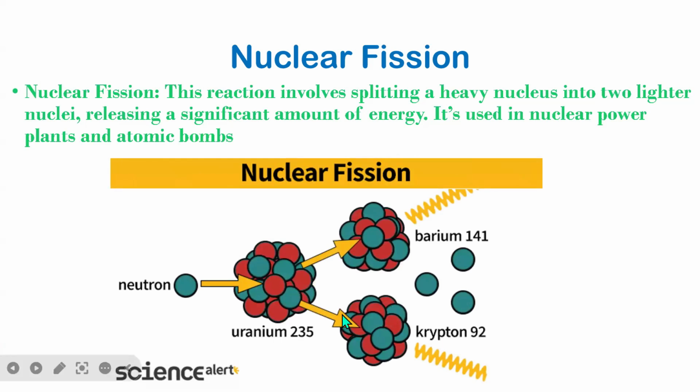For example, in this case, we have uranium-235. In the presence of neutrons, it splits or breaks down to generate barium-141 and krypton-92. So you see here we have a heavier atom with a mass of 235, which subsequently breaks down to generate smaller nuclei. So that is what happens in the case of nuclear fission.